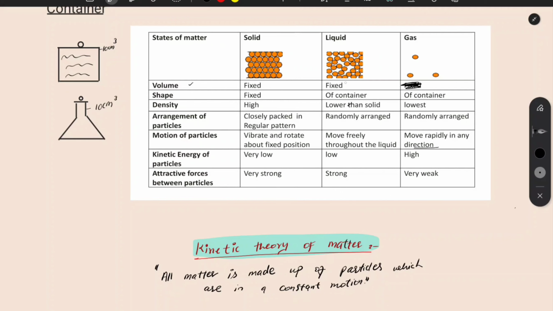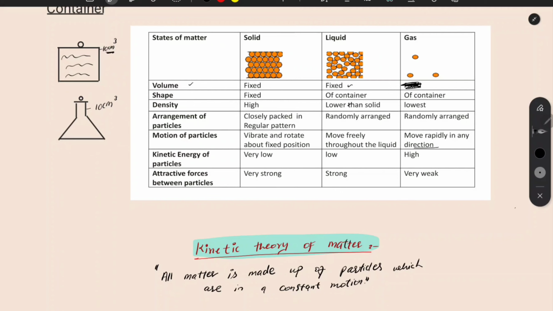And liquid, like water, will also have a fixed volume. If you transfer a liquid from this container to this container, its volume will remain the same. If it is 10 centimeter cube in this container, it will remain 10 centimeter cube in any other container. So the volume of a liquid will remain fixed, but this is not the case with gases.